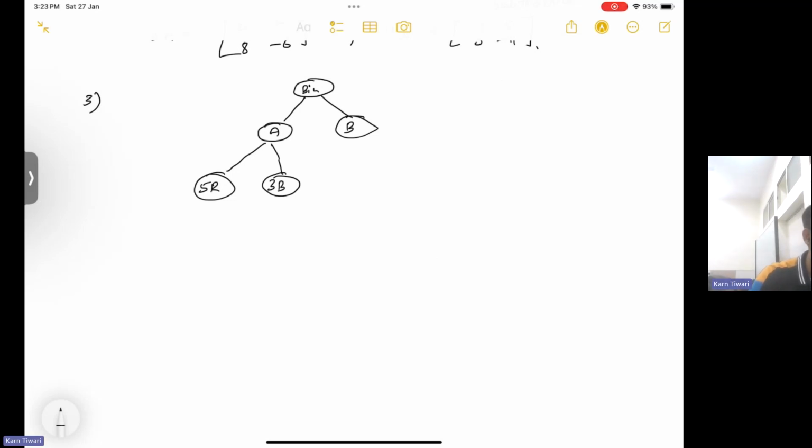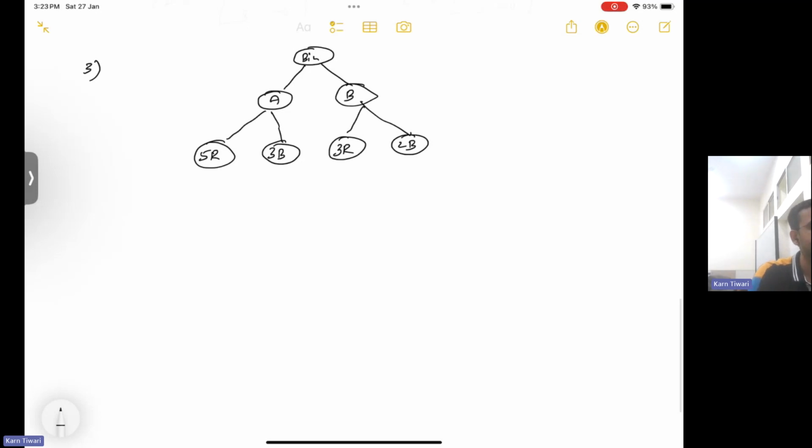In bin B, we have been given 3 red balls and 2 blue balls. Okay, so this is what is given in the question.